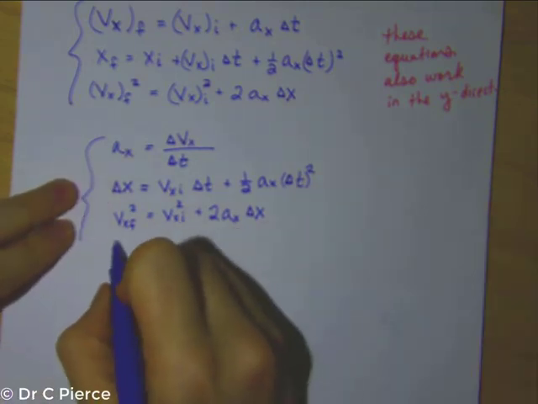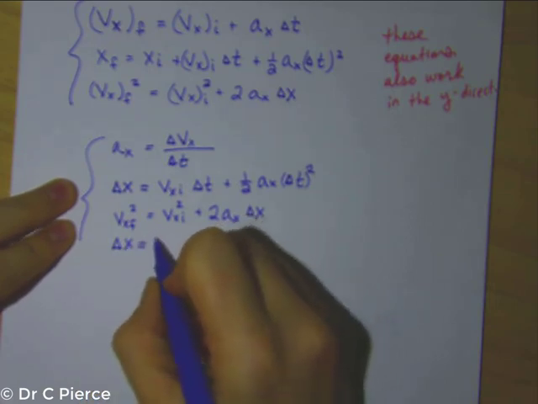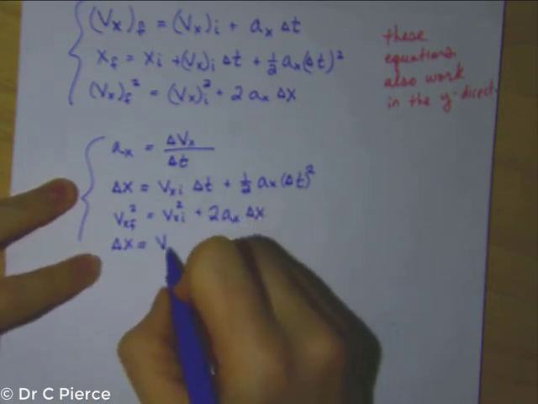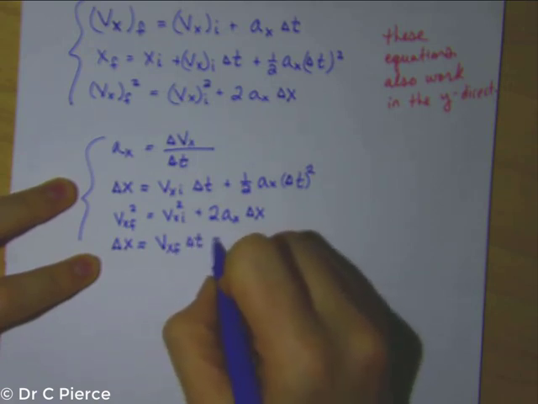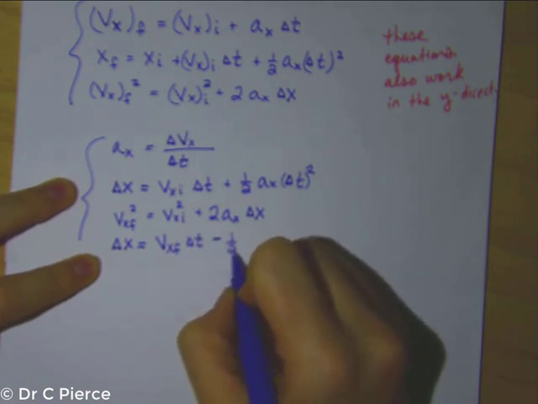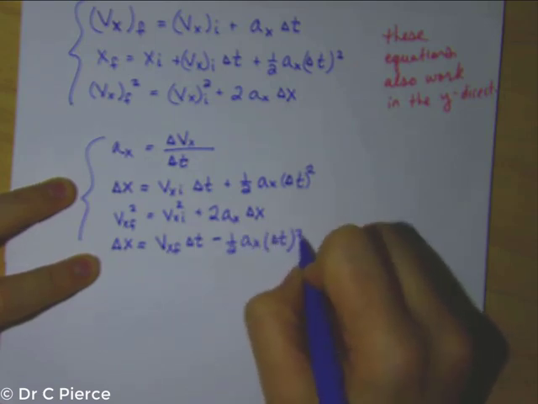So this next one is going to be the change in the displacement is going to be equal to the final velocity times the time interval minus 1/2 times the acceleration times the time interval squared.